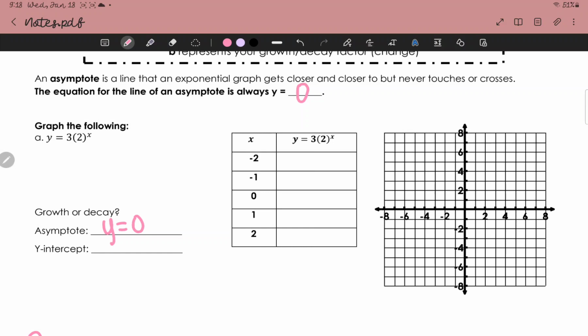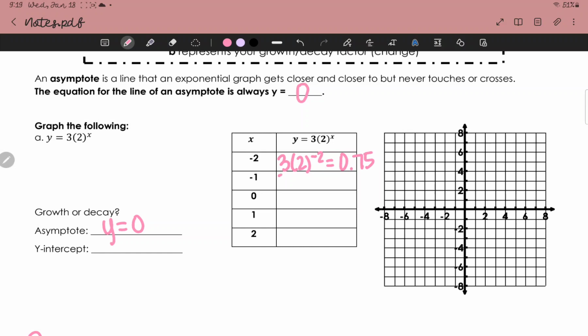And I can go ahead and do this. All right, so you can see that they say we need to graph the following: y equals 3 times 2 to the x. So what we're going to do is plug in our values for x in our table to find our y. So we'll have 3 times 2 to our x, and our x here is -2. All right, and that's going to give me 0.75.